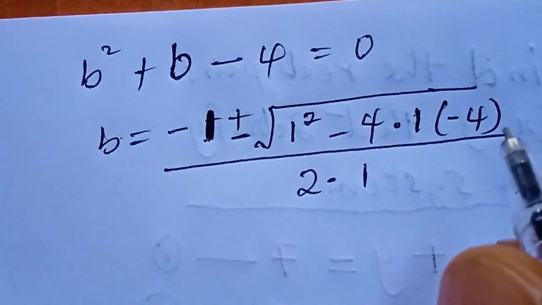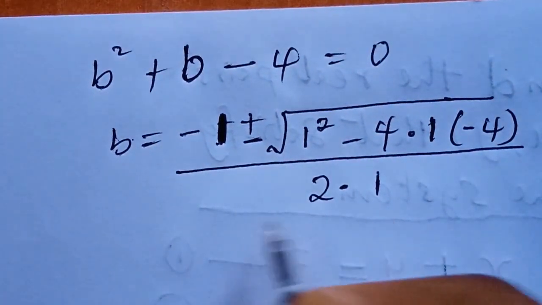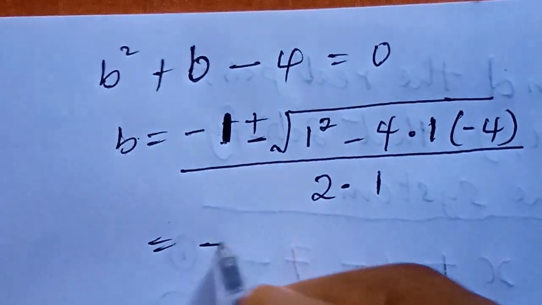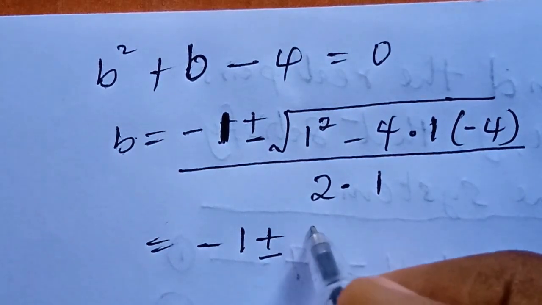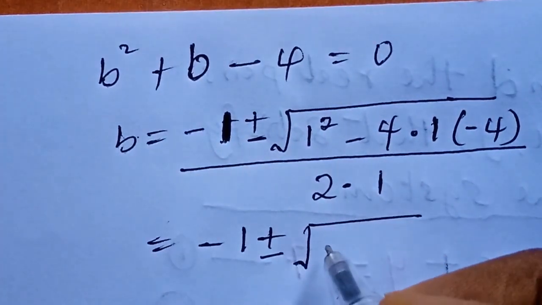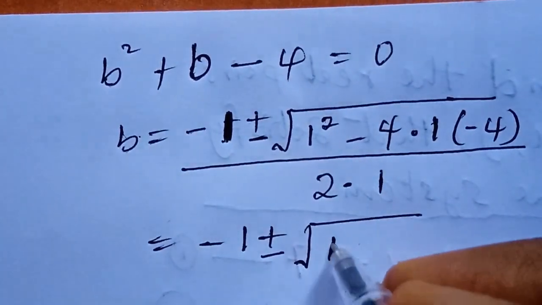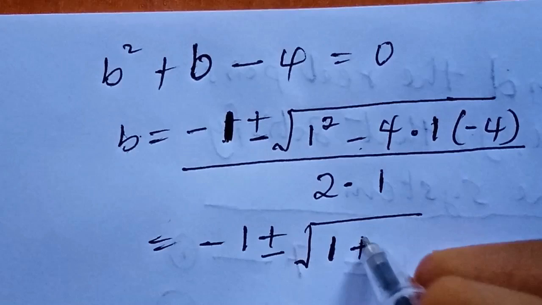So this is our quadratic formula. From here, we simplify this. We have minus 1 plus or minus square root of, this gives us 1. This multiplied by this gives us a positive sign.